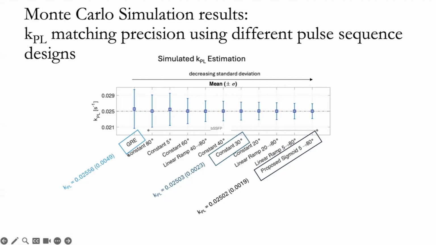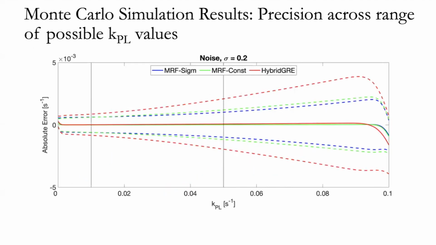And amongst them, we did various kinds of constant flip angle approaches, linear ramping approaches, and this sigmoid-based approach just slightly eked out these linear ramping approaches from a precision of KPL estimation through these preliminary Monte Carlo simulations. So that's why our later sequence designs focused on a sigmoid approach.